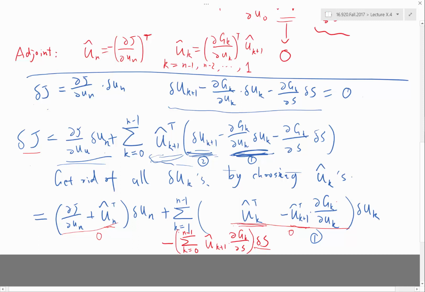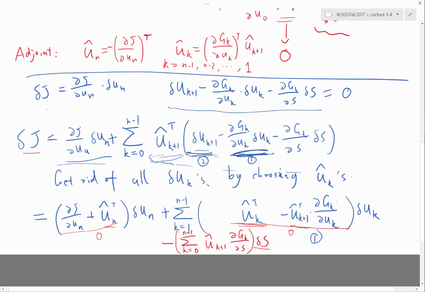Yes, that's true. And in order to ensure that, I need to actually know what these delta u_k's are. And what delta u_k's I have actually depends on what delta S I have. I want a general formula that is true for whatever delta S I end up evaluating, right? So the only solution is to have this equal to 0 for whatever delta u_k's may end up appearing.